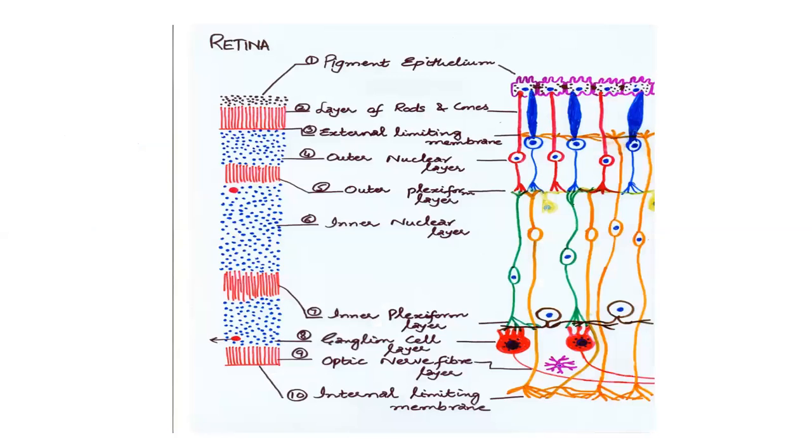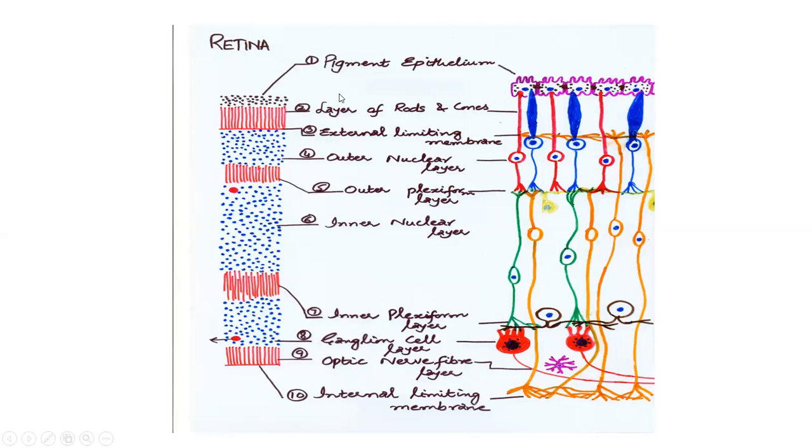This is again a diagram. On one side is a histological hand drawing, and on the other side a schematic diagram, just to show you again the structure of the retina. You can well appreciate the different layers of the retina here.